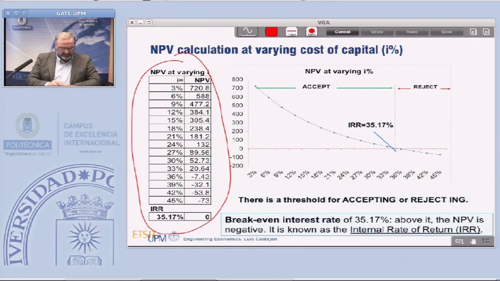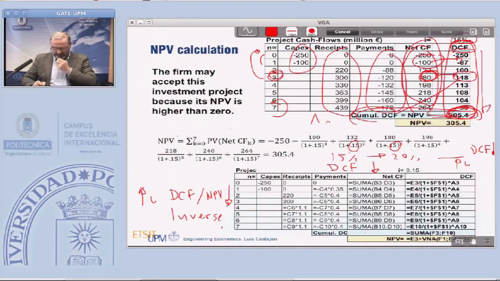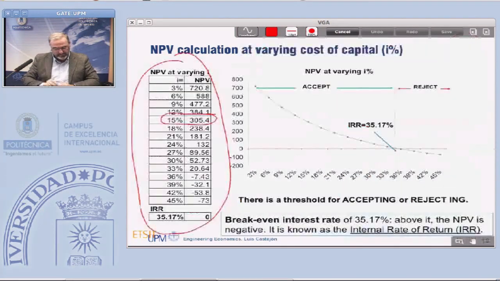In our case it was 15, and the NPV was 305. Then we started with a low cost of capital of 3, steadily increasing at a rhythm of 3. So 3, 6, 9, 12, 15, until 45.